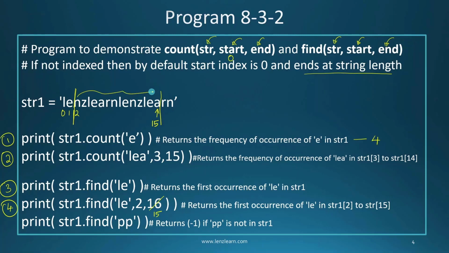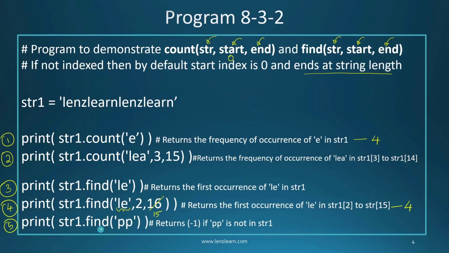Between these, I have to find the occurrence of LE. My search will start, and you can see the first occurrence of LE happens here. Now what is the index value of this L? Index value 2 is character N, index value 3 is Z, index value 4 is L. So the output of this line will be 4, indicating that at the 4th index value, I have found LE.